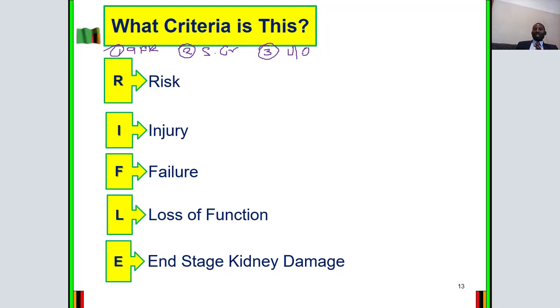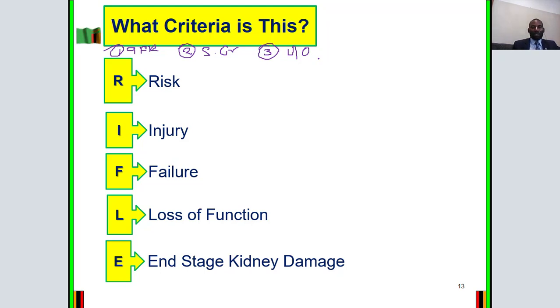So you have to take note. That's why RIFLE is a must to know, because it combines KDIGO and has some additions. That is very, very, very important.